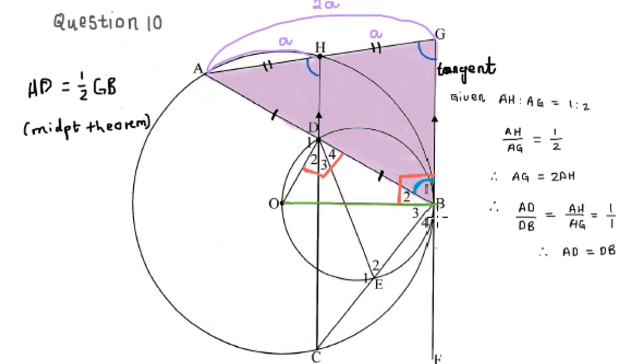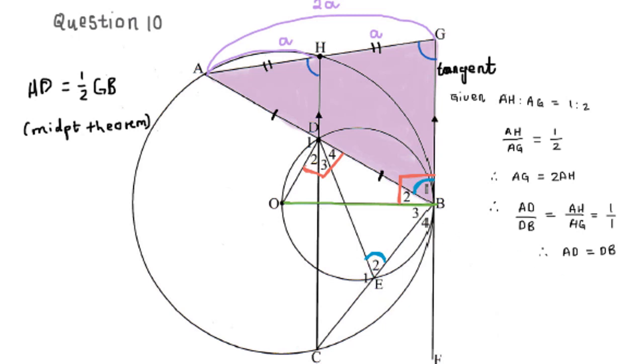Unfortunately, it's not subtending anything, so we can't use the tan-chord theorem in terms of the larger circle, but we can use it in terms of the smaller circle. It also connects to the chord DB in the smaller circle, and that chord DB is subtending the angle E2 at the circumference. So by the tan-chord theorem, those two are equal.